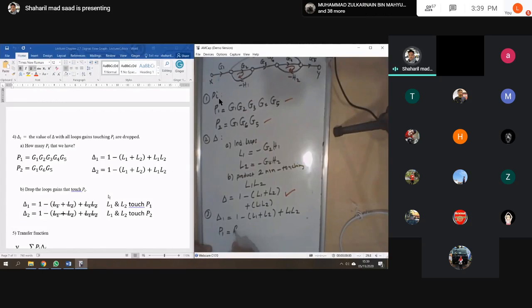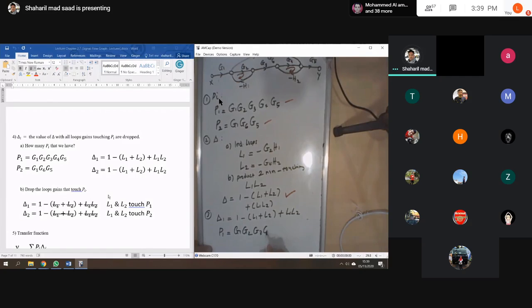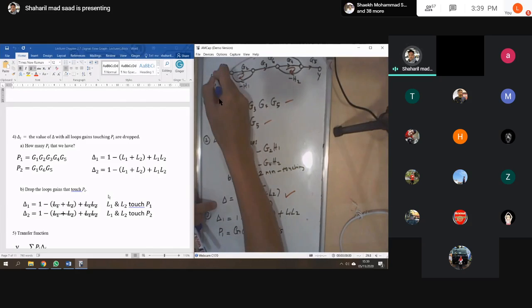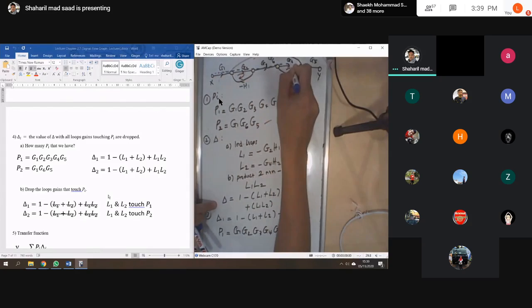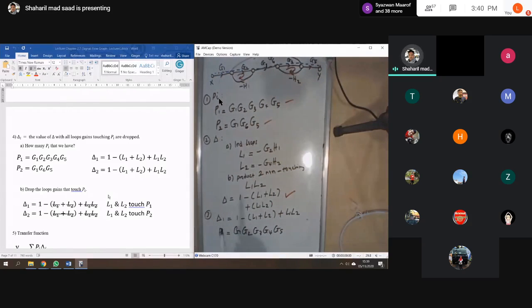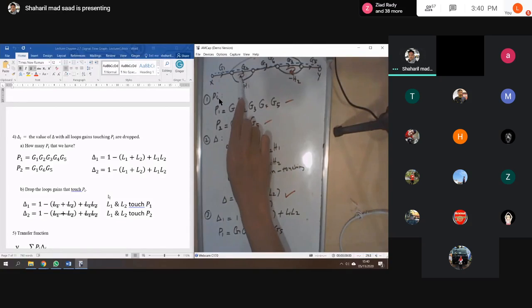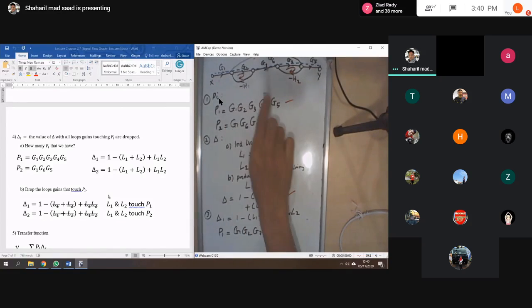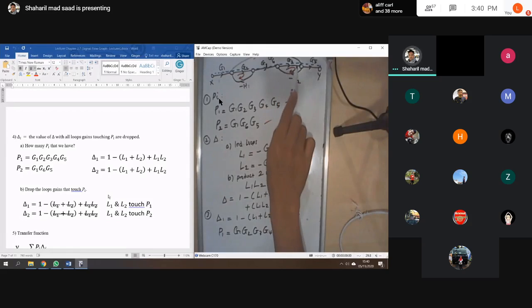So P1, you got G1, G2, G3, G4, G5. When we look at this one, G1, G2, G3, G5, that means this is the forward path gain again. So the L1 loop number 1 touches the forward path gain, and loop number 2 also touches the forward path gain.